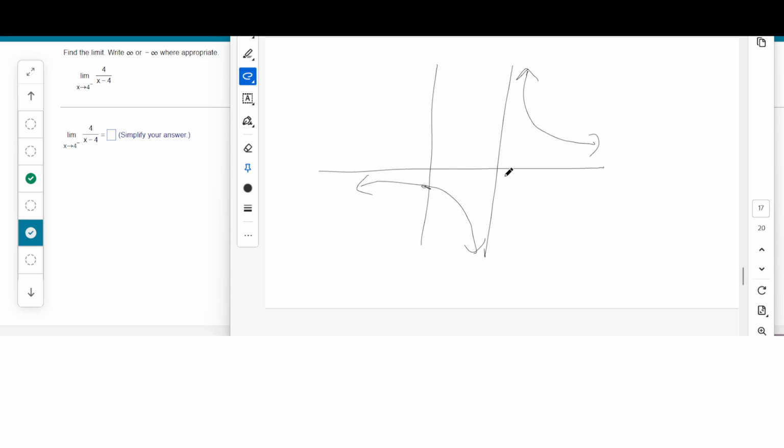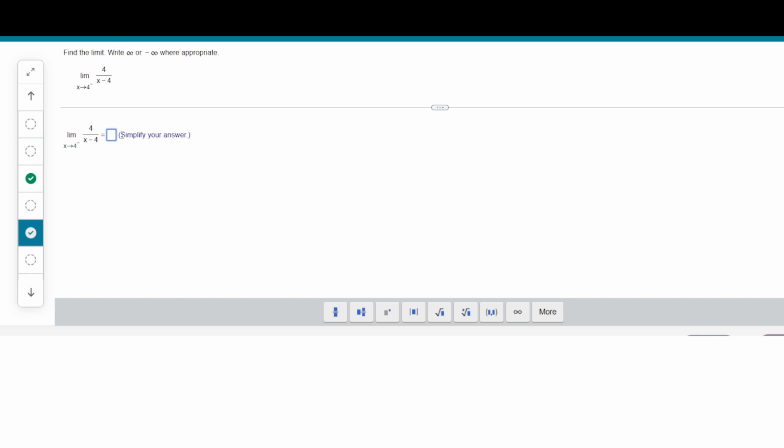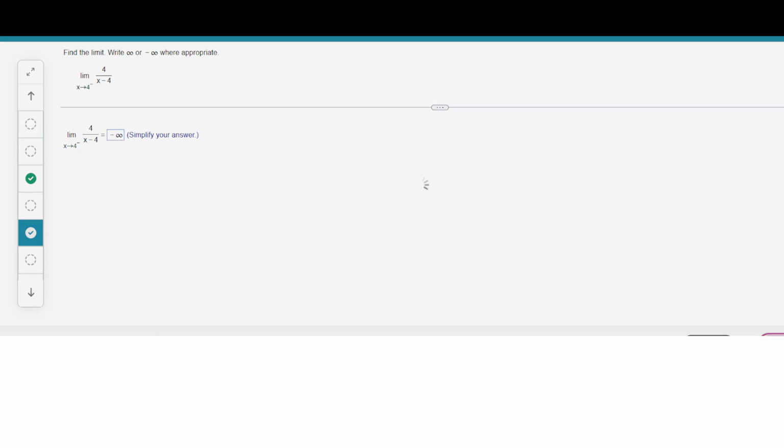When x approaches 4 from the left side, from here, the graph is going down. How do I know it's going down? Because we can just pick some values. If x is less than 4, then it would be negative, so it will go down here. It's a negative value, so the answer would be negative infinity.